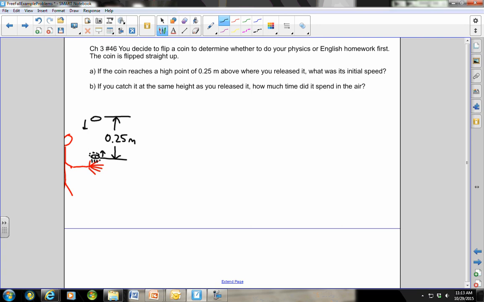You would pause the video when the penny gets to the top of its movement, because also what you know about that moment is that its velocity right there is 0 meters per second. And that gives you another given.